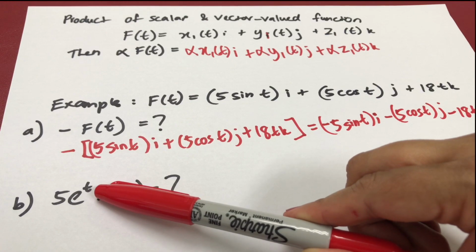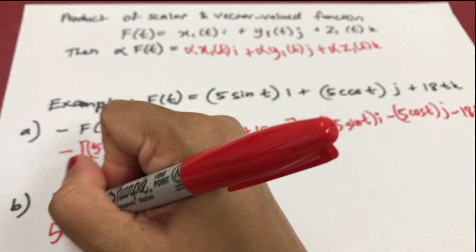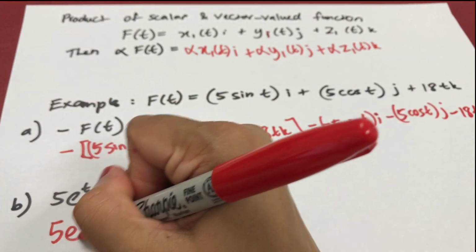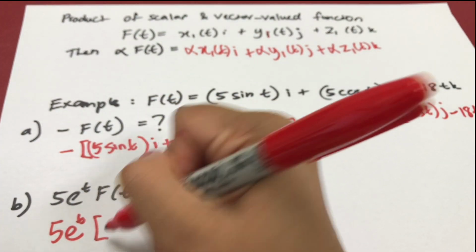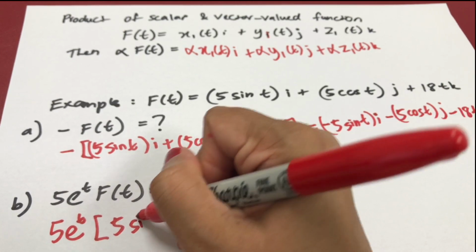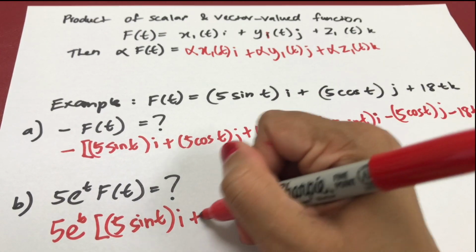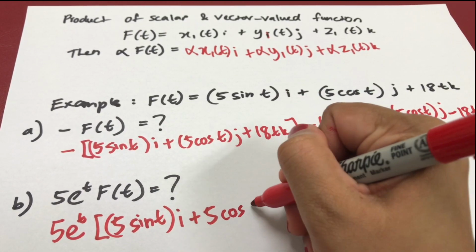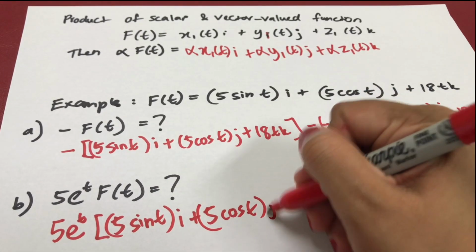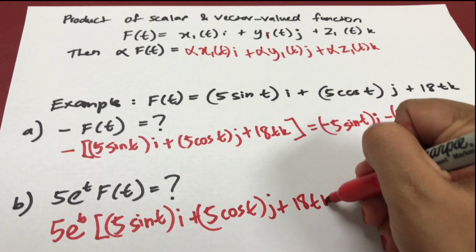Now, if we were to multiply 5e to the t with our vector valued function, 5e to the t is simply a scalar. We would be using the same method as previously discussed, multiplied with 5 sine t i plus 5 cos t j plus 18 t k.